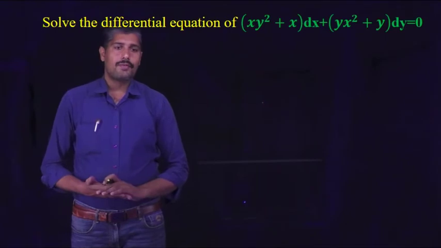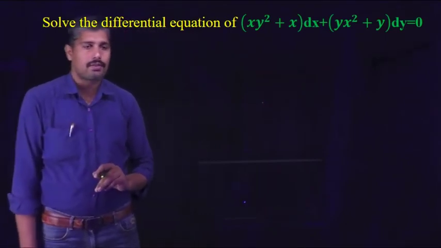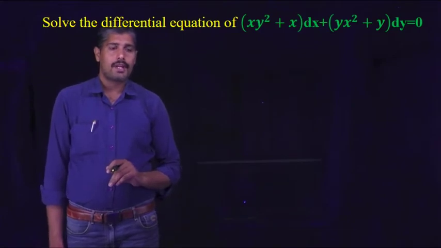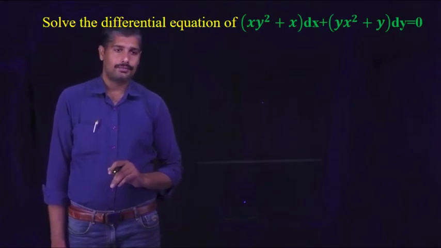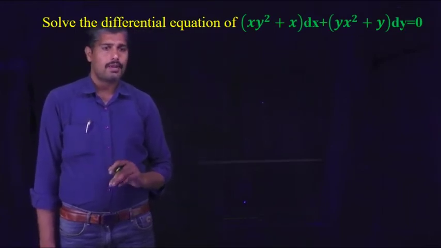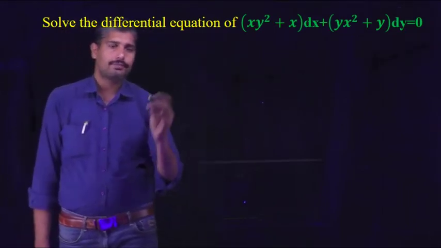Next, solve the differential equation (xy² + x) dx + (yx² + y) dy equal to 0. Right? This is possible by using the variable separable method. Just see.